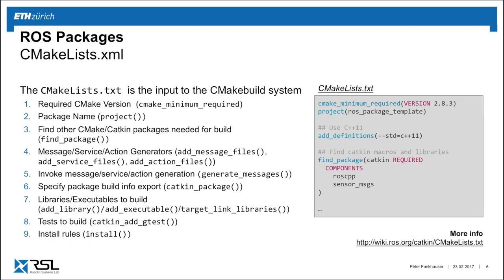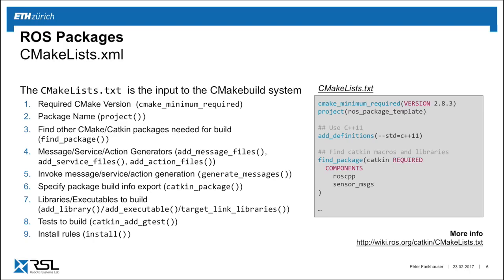For the CMakeLists, we're not going to talk too much about how CMake works because it can be arbitrarily complex. There's more information on this website, but just to go a little bit through the steps that we often use. On top, you will have the CMake version and then the package name. And then with find_package, you would find other packages that your CMake needs, similar to the dependencies in the package.xml.